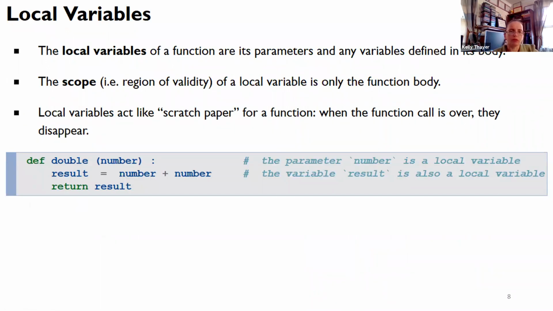So local variables are important to understand in the context of functions, because functions operate separately from the main code. The variables that exist inside functions exist only inside that function. So once the function is done, that value doesn't exist anymore.